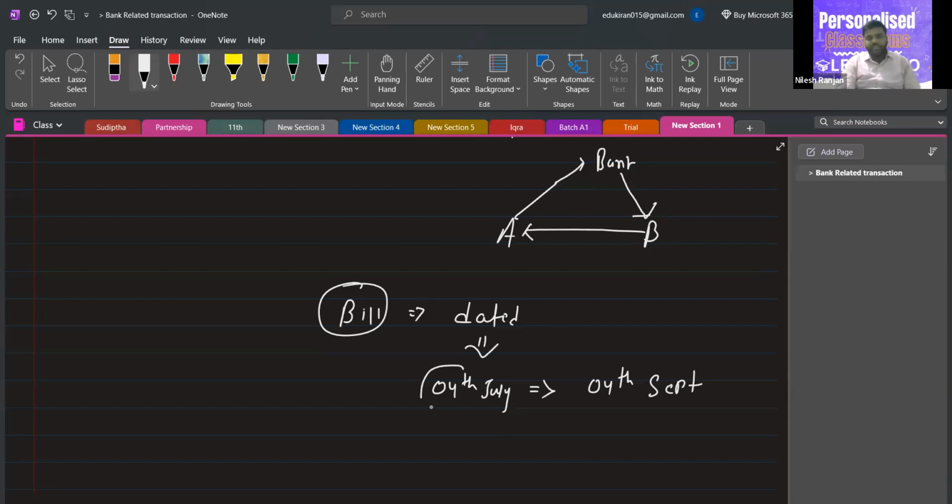It means we are receiving money from the bank on 4th July, and the bank will receive money from B on 4th September. It means the bank is giving us a loan here. Yes or no? Yes, sir. Because the bank will be paid after 4th September. So the bank is giving us a loan. That's why it charges a discount.